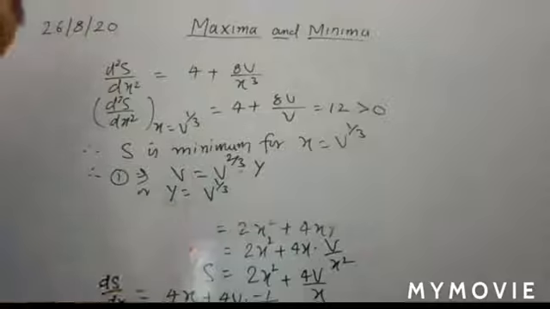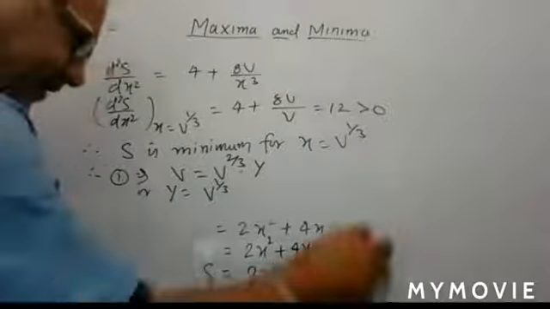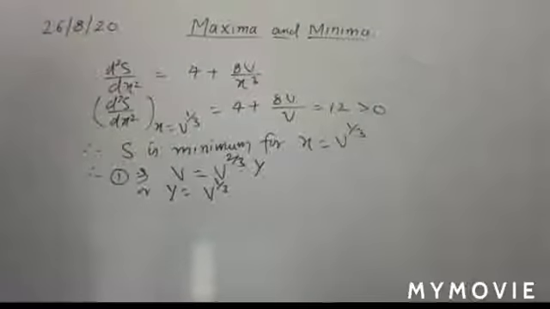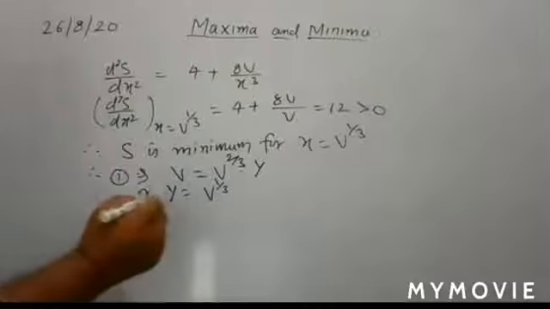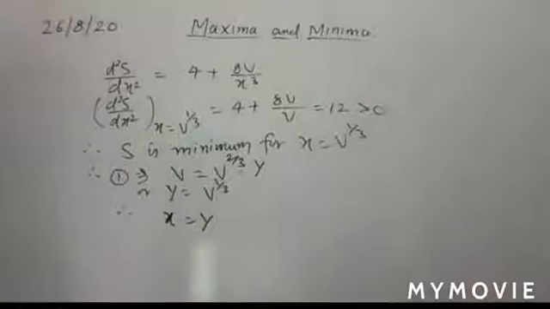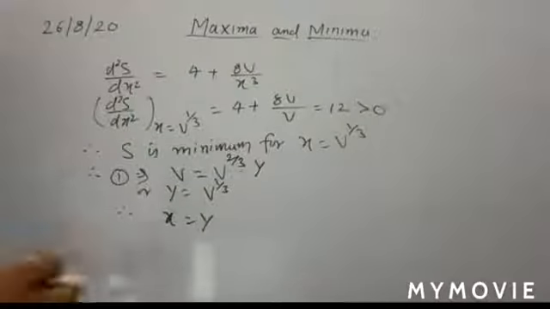So here you see that x and y both have the same value. So you have x is equal to y. Hence the cuboid is a cube when its surface area is minimum.